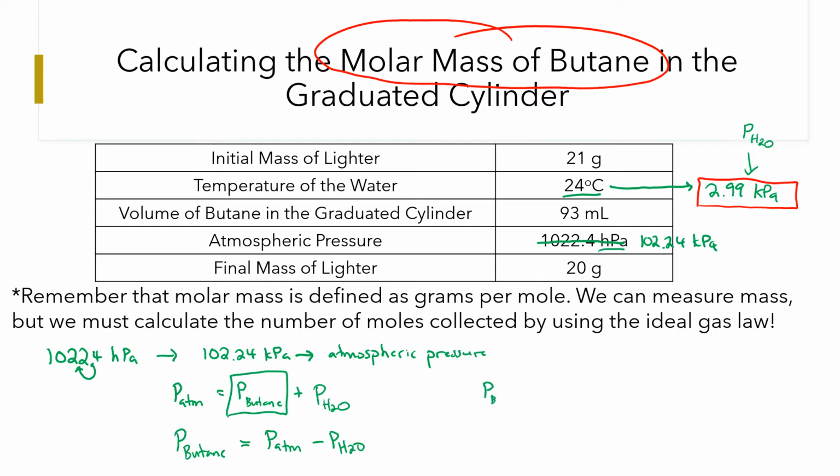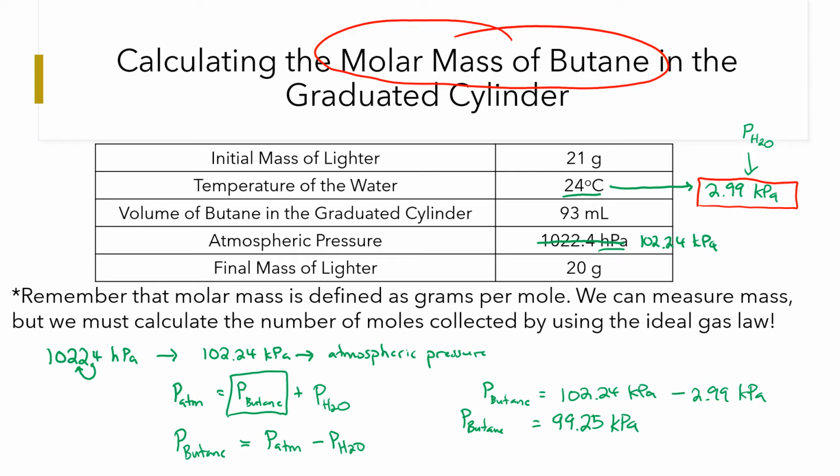So pressure of butane equals my atmospheric pressure, which is 102.24 kilopascal, and then my pressure of the water vapor is 2.99 kilopascal, and then I get 99.25 kilopascal as my pressure of butane. That's the value I need in order to use the ideal gas law.